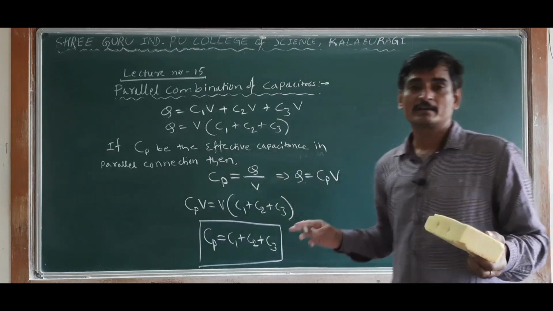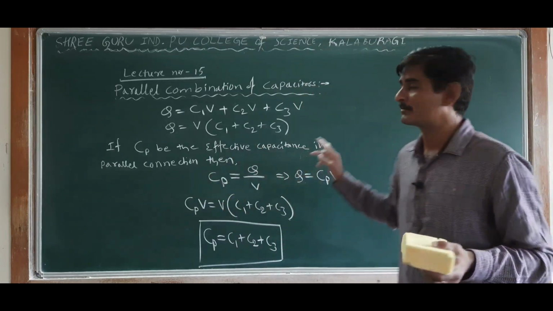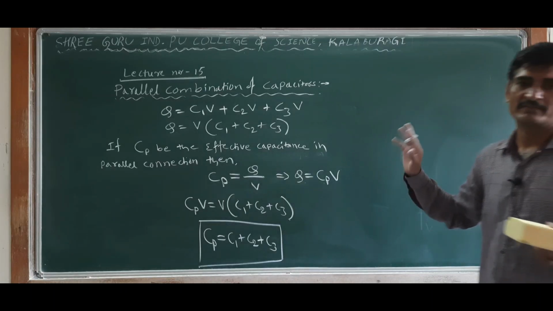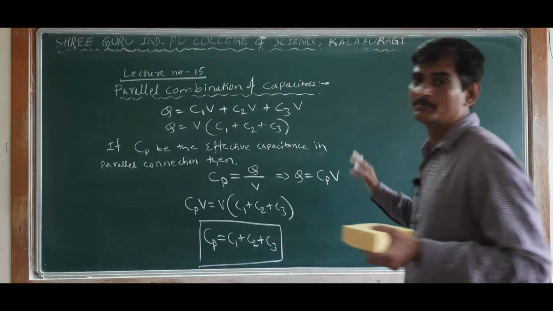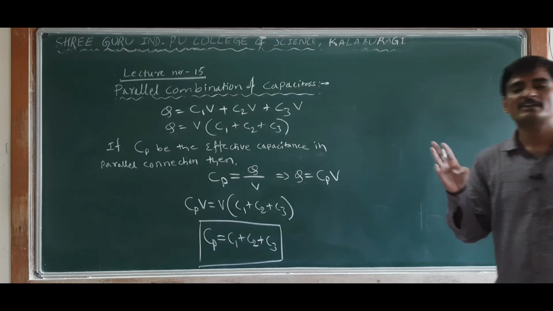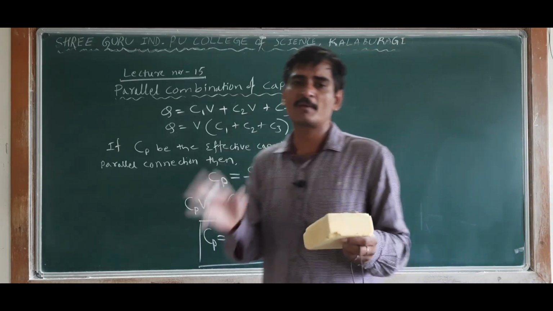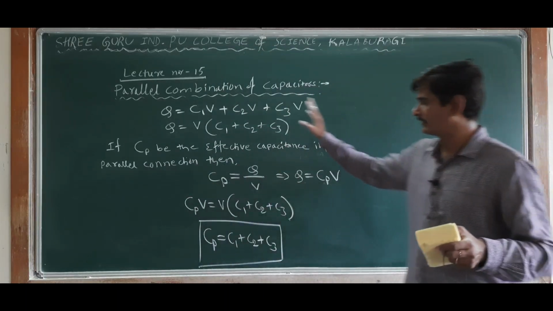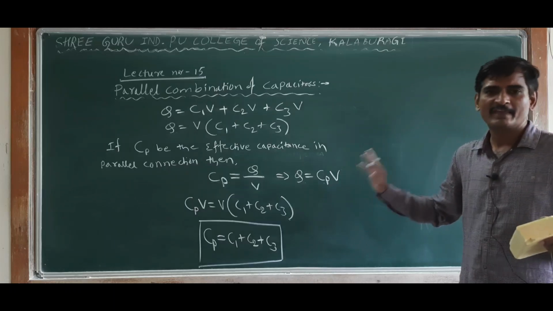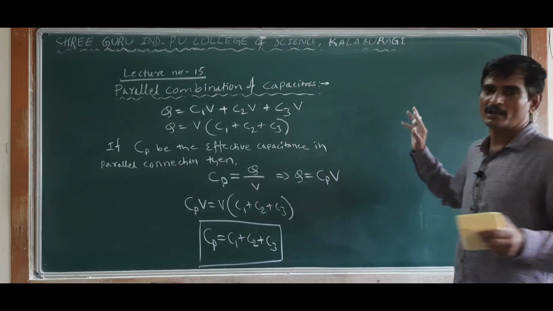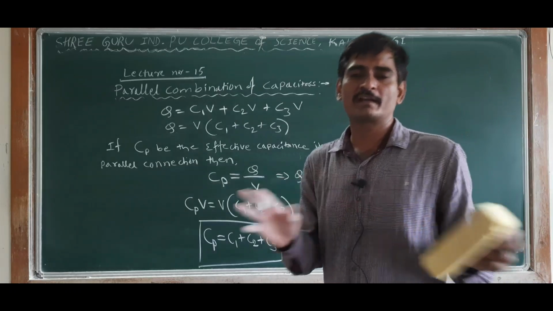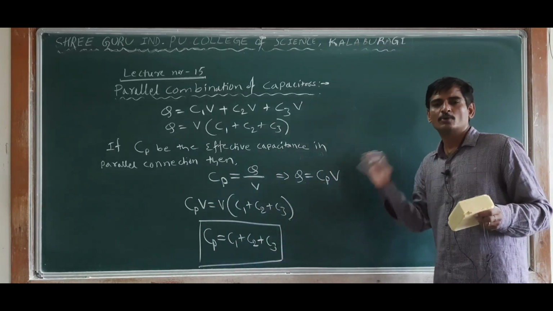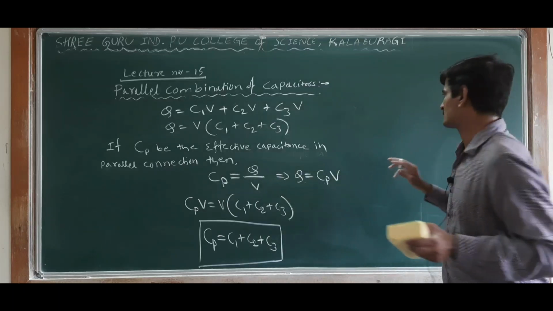While writing the series and parallel combinations, we have to write the diagram along with all the explanation, then only you will get full marks. No diagram, no marks. Even if you explain all these things in the exam but do not write the diagram, you won't get any marks. That is the rule of valuation.